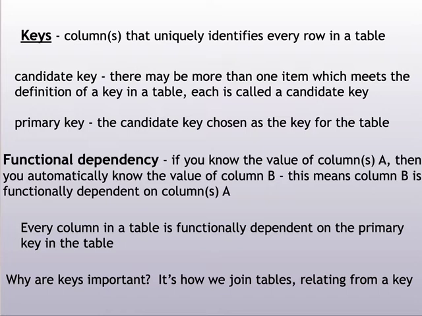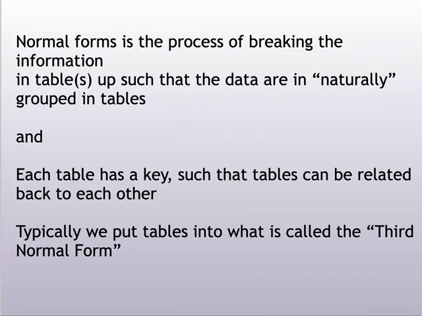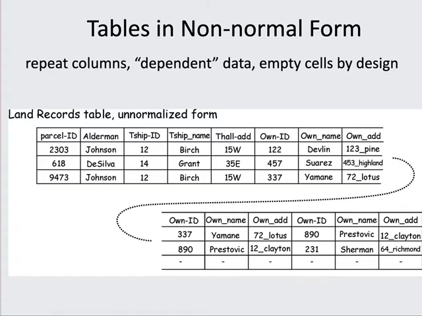Keys join tables, they relate things, and we want things so that everything in a table is functionally dependent on the key, right? We break our tables up, and we're often breaking them up in a way that gets them into sort of their natural groupings, plus another set of tables to join the tables together. You might think about our example here for the parcels.